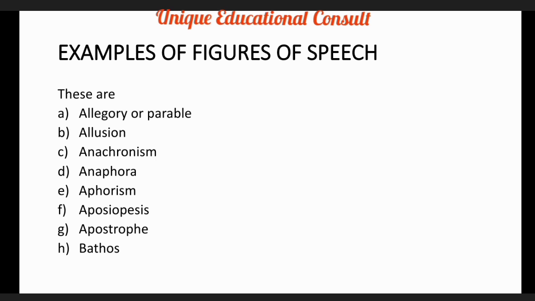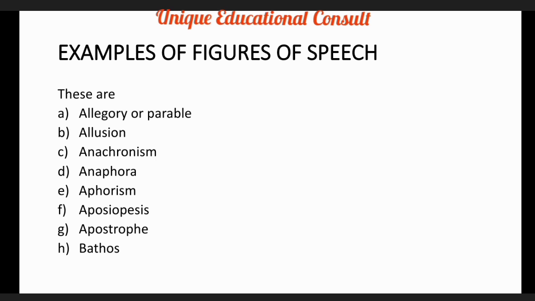This is when it is called fable or apologue. Fable or apologue means stories with animals as characters. That is what fable or apologue means. And the essence of this is to teach morals.